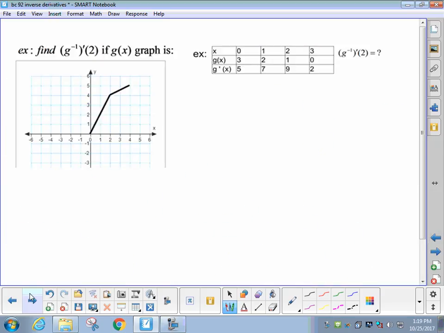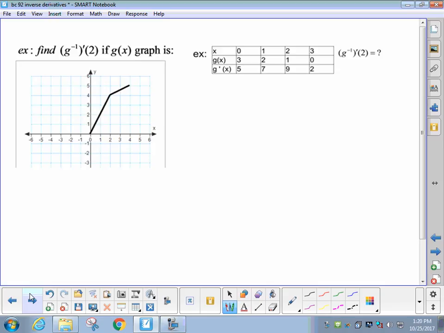Let's try these graphical and numerical derivative cases, and then we will be done. Are you doing this analytically or graphically?